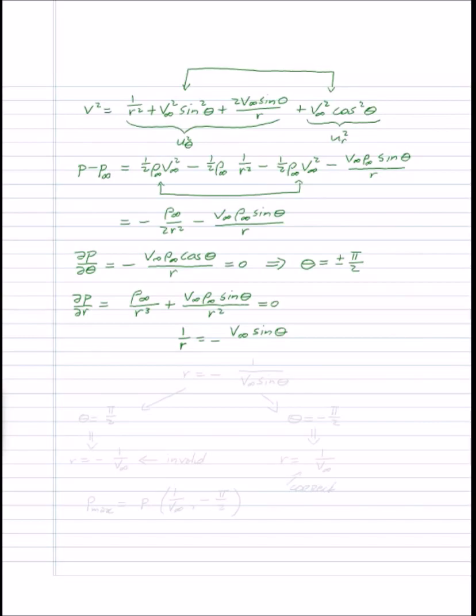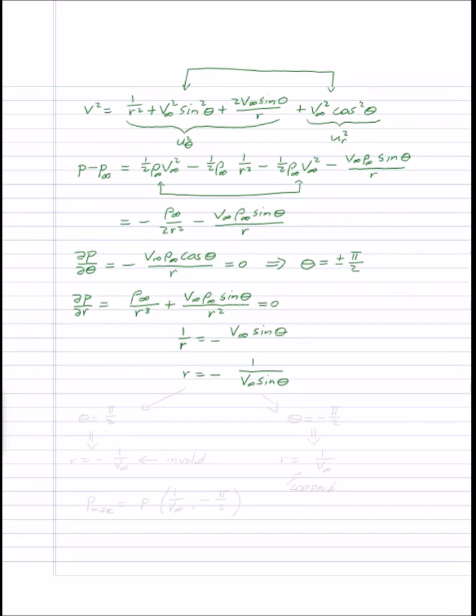And that's not divided by r squared because we multiplied the entire equation times r squared. So that's my relation. Okay, so from that it follows that r is equal to minus 1 divided by v infinity sinus of theta. So there's a relation between r and theta at which that minimum occurs or maximum occurs.